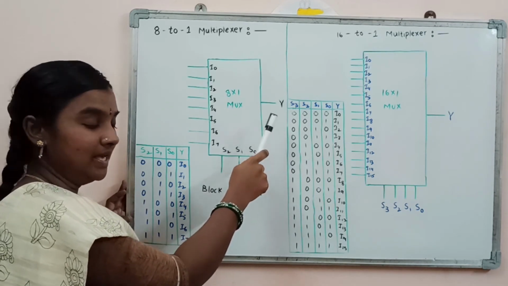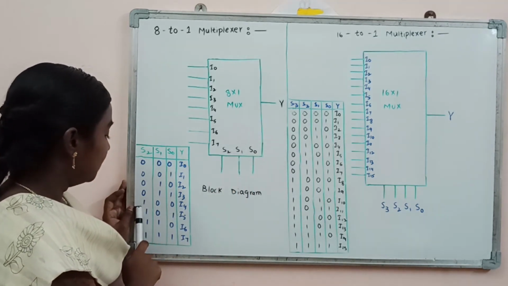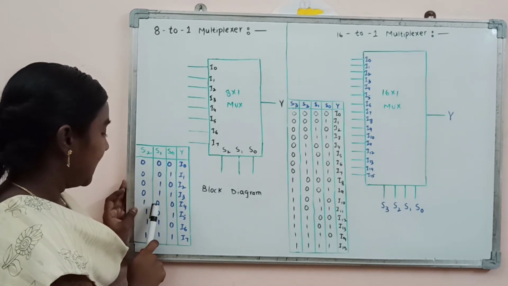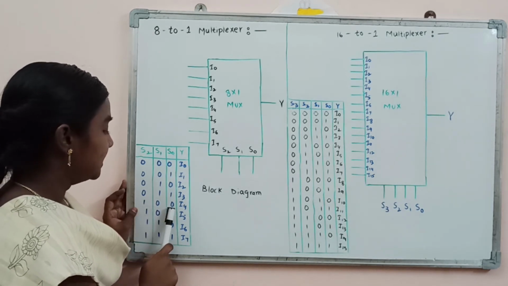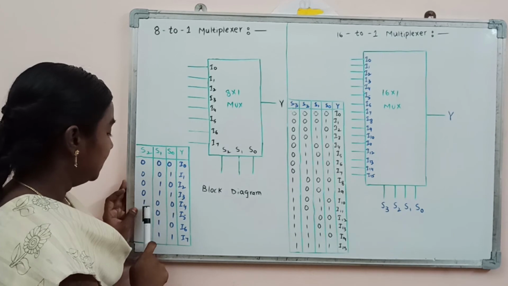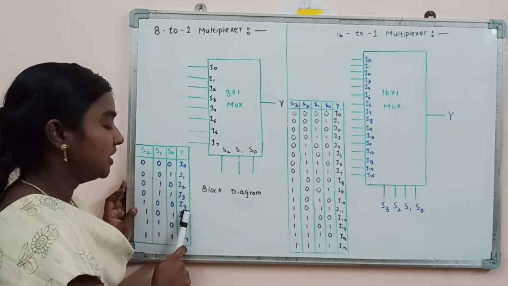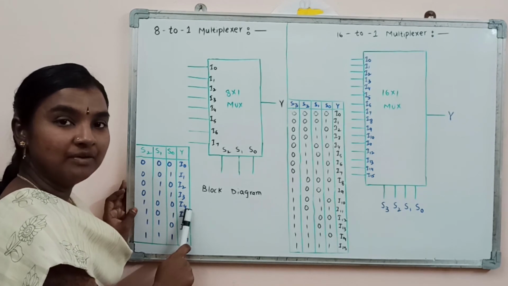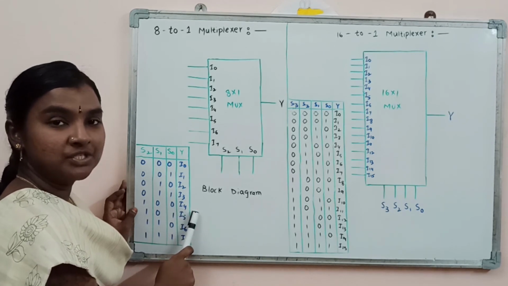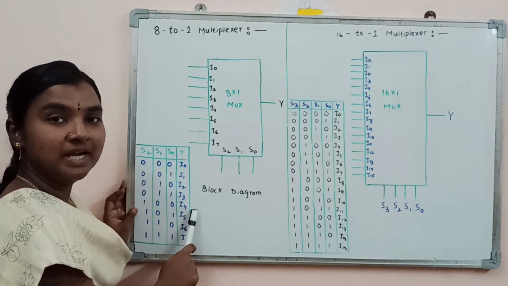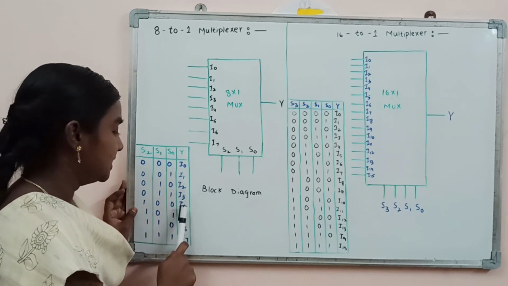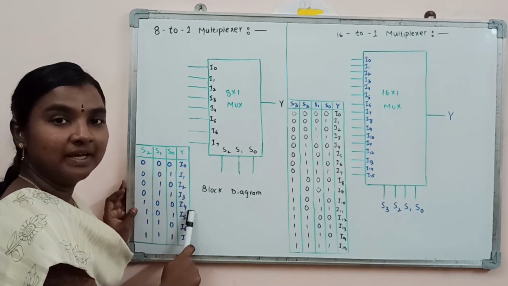For example, suppose S2 is 1, S1 is 0, S0 is 0. This information on the selection lines is going to select the input line I4, and that I4 is going to be transmitted to the output side. So the output Y is going to be I4 here.